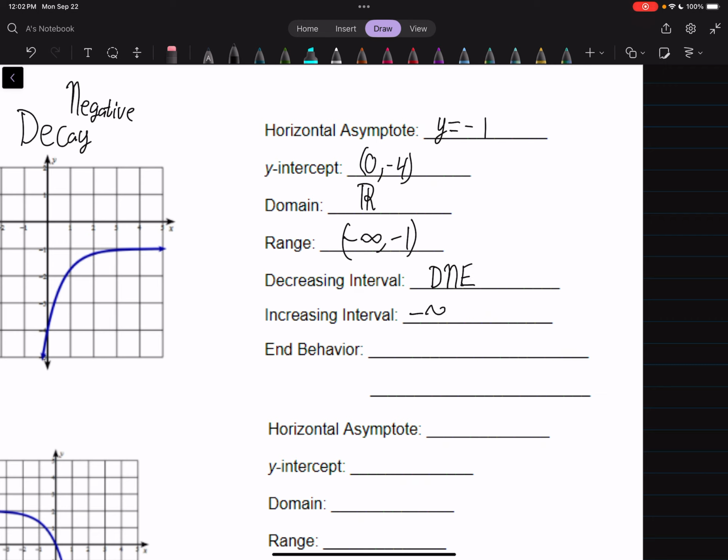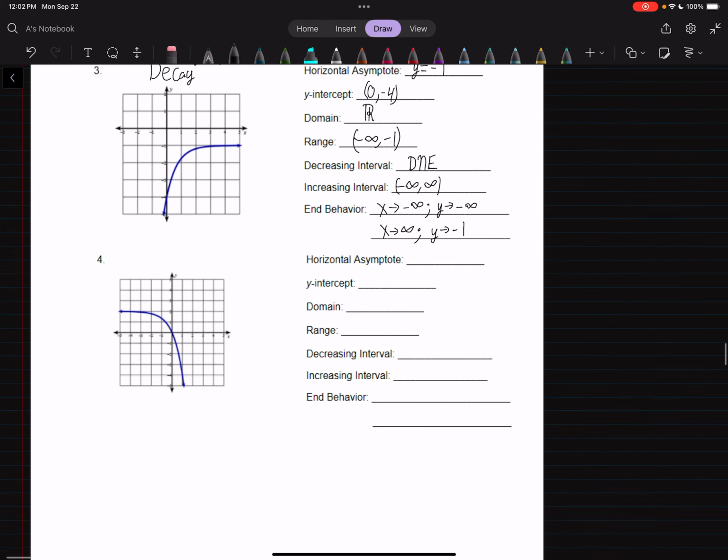Increasing is the entire domain. In end behavior, as x approaches negative infinity, y is approaching negative infinity. As x approaches positive infinity, y is approaching negative 1. Go ahead and try number 4.